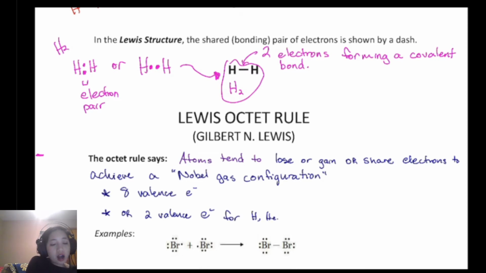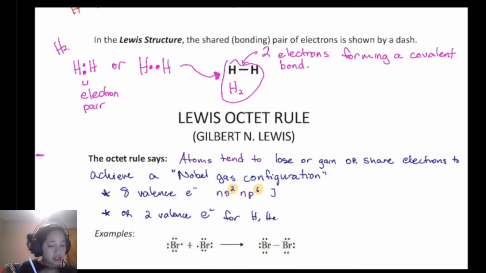Where the number eight comes from is because there are two electrons in an s orbital, and then there are six electrons in a p orbital of the same principal level. So that's where eight comes from. And that's how you fill up an entire valence shell to get to a noble gas configuration. Once you have all of the s and p orbitals filled, now you've achieved a noble gas configuration.